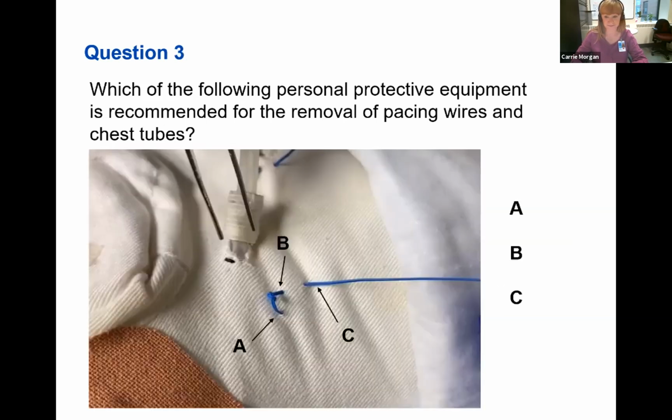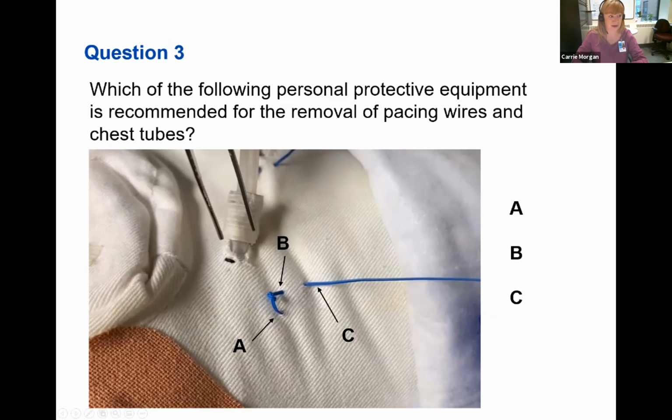Okay, this is one of the things I think can be daunting about removing pacing wires. So we thought we would add this to our poll. Okay, I copied this question incorrectly.